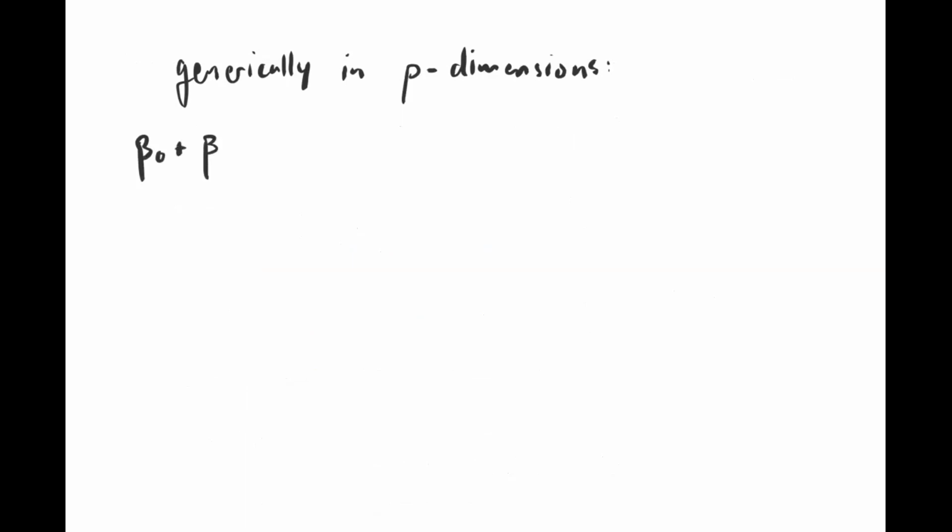More generically, in p dimensions, we have beta 0 plus beta 1 x1 plus beta 2 x2 and so on up to beta p xp equals 0.